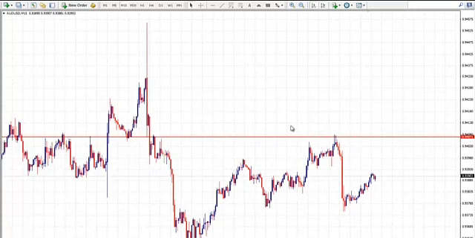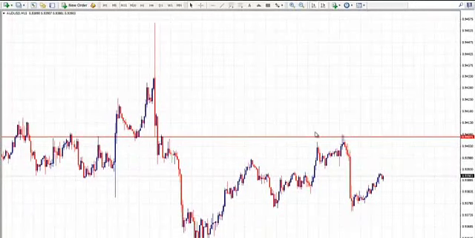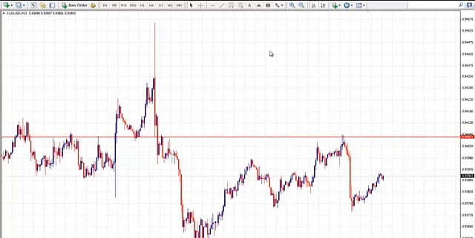So by drawing your levels on higher time frames, you will understand the overall direction in price, and you will know where to look for entries. And in this case, on the 50-minute chart, we already know that this was previous support, so we are looking for price to test back this level as resistance.